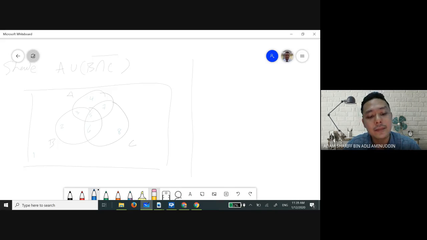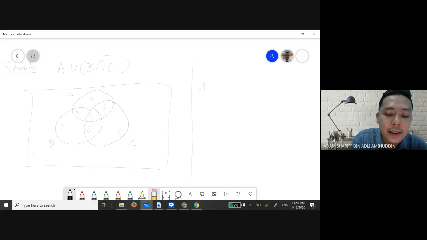All right, it have 8 regions, closed regions, and if I want to shade this, okay, the bracket applies. Maksudnya buat dalam bracket dulu. Tapi saya nak buat A dulu. A adalah 3, 4, 5, 7. Okay.